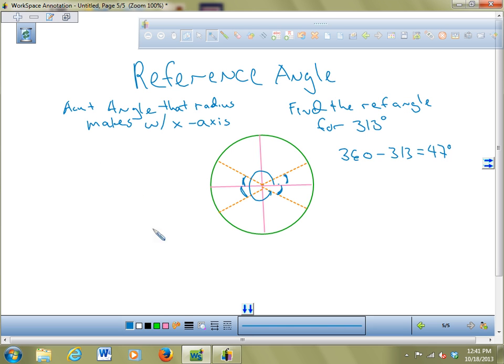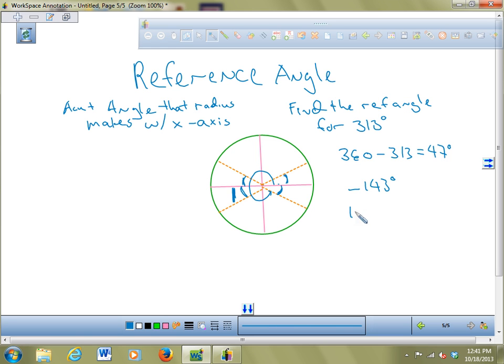Say I did negative 143 degrees. What would be the reference angle to negative 143 degrees? You want to find a positive angle. Then which way am I going to go? Which quadrant is negative 143 in? Second quadrant's over here, right? So if I go 180 this way and subtract 143, I would get this angle right there.